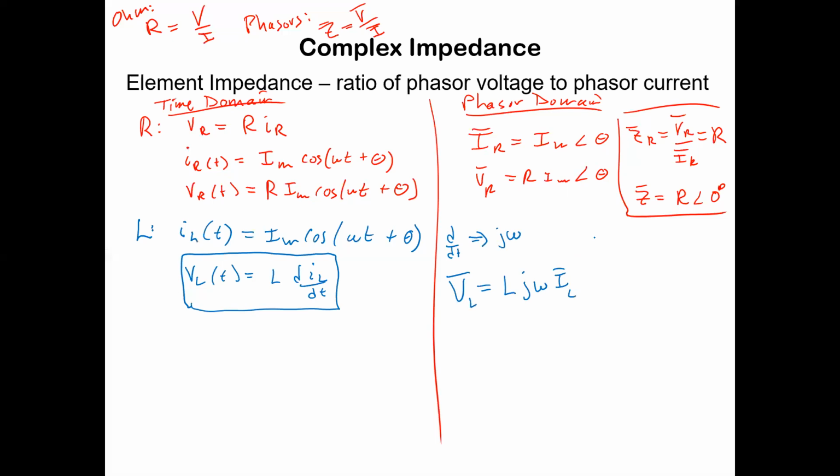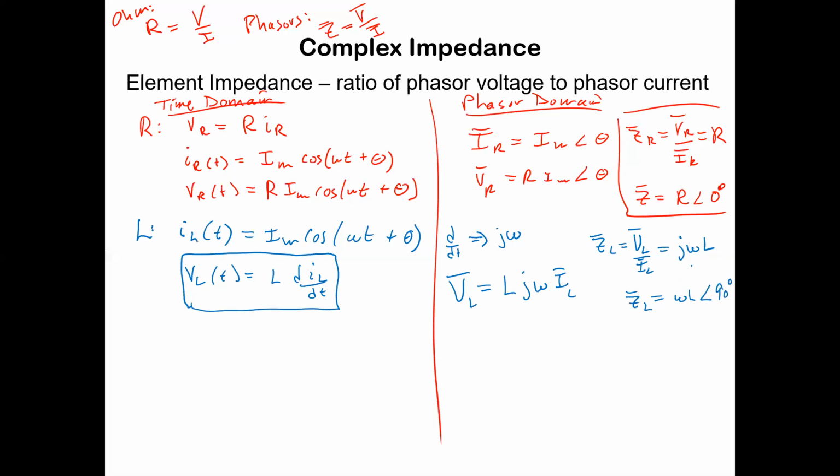And since ZL equals VL over IL, they're all complex numbers, that's going to equal j omega L. So the impedance, you can look at it as j omega L, or you can look at it as omega L with a phase shift of 90 degrees.